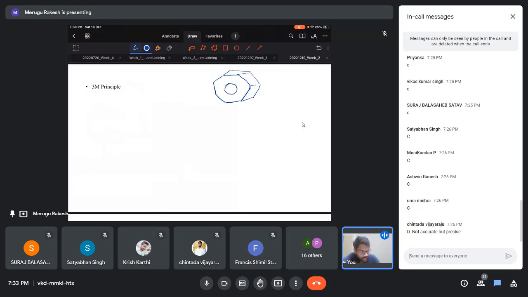I just took a hexagonal bolt. There are some factors involved in producing this bolt. So can anyone tell what those three factors are?